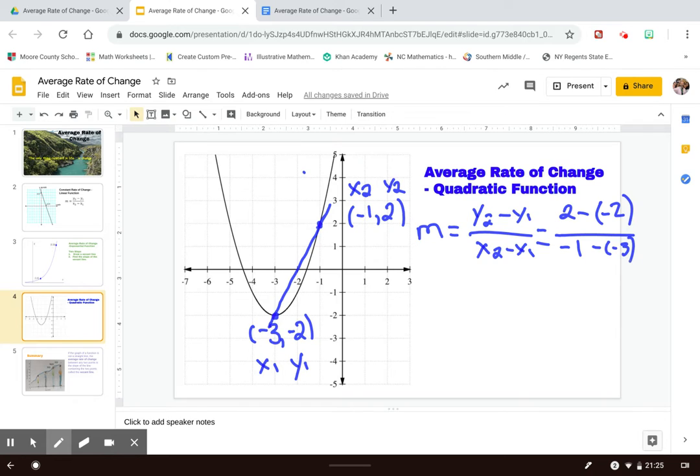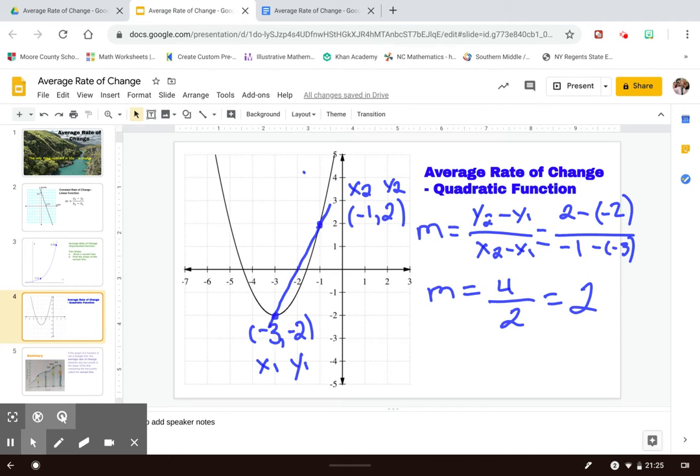We know that 2 negatives make a positive, so that becomes 2 plus 2, which is 4. And then negative 1, these 2 negatives make a positive, so negative 1 plus 3 becomes a positive 2. So here my slope is 2, which means my average rate of change for this function is 2.